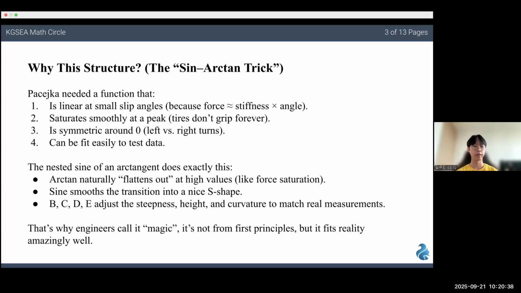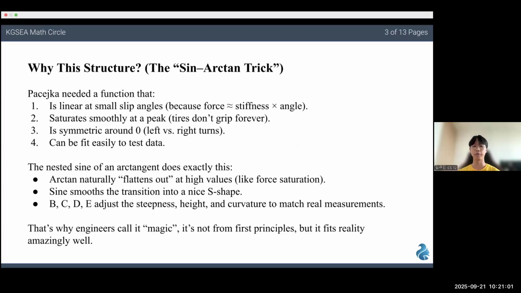And so the nested sine of an arctangent does exactly this, where arctangent naturally flattens out at high values, and sine smooths the transition into a nice S shape. And then the variables B, C, D, and E adjust the steepness, height, and curvature to match real measurements. And so that's why engineers call it magic.